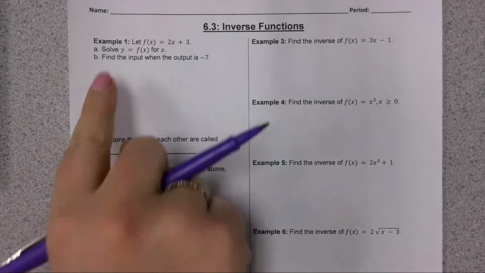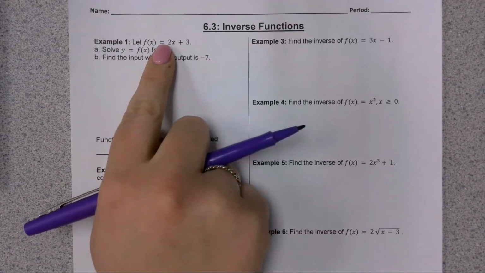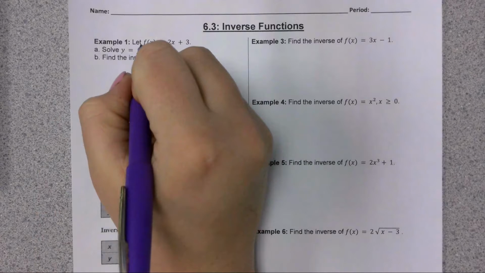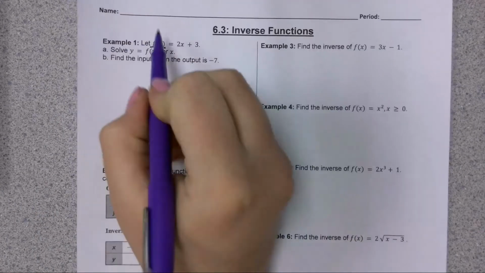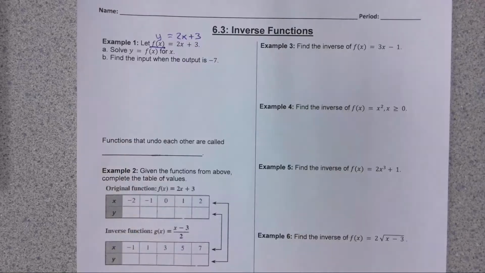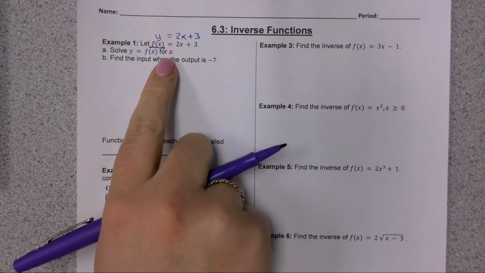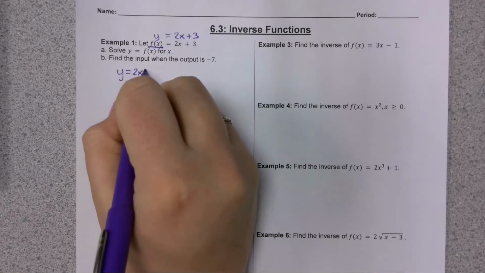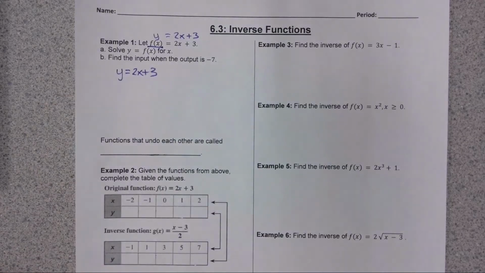So look at example 1. We want to start out by taking our f of x and solving for y. Now, remember, when we talk about function notation, f of x is really just a fancy y. So we could write it y equals 2x plus 3. And we want to solve for x. So if we take our function and solve for x, we're trying to get x by itself.